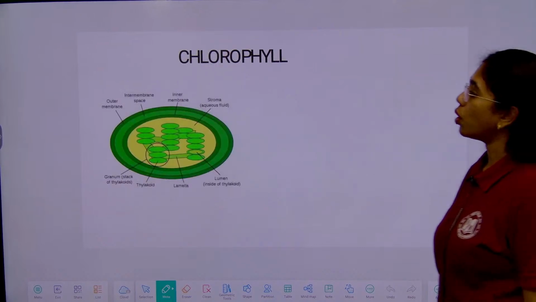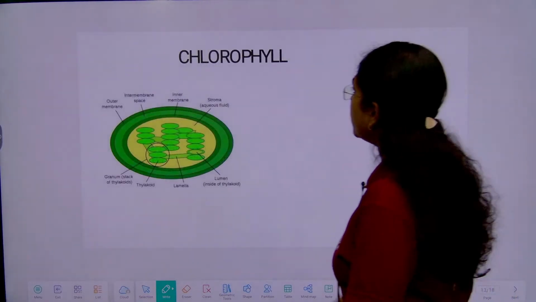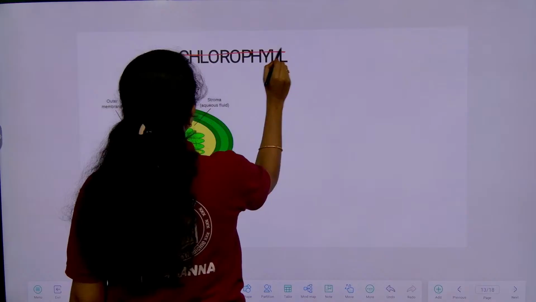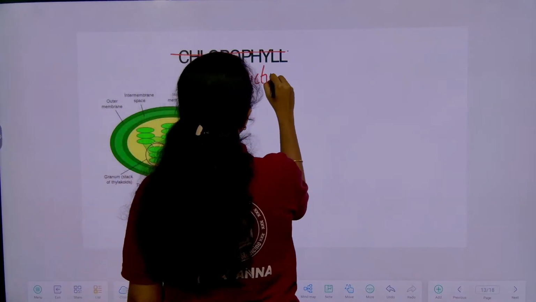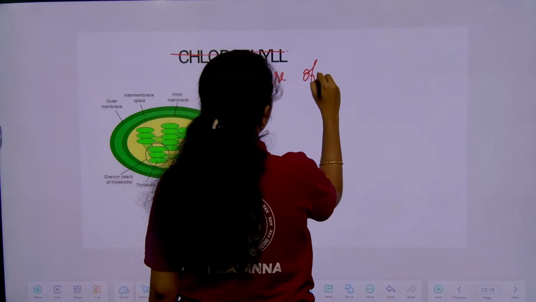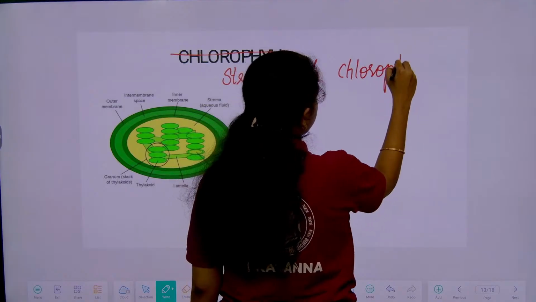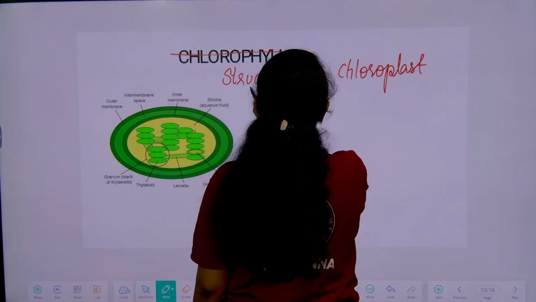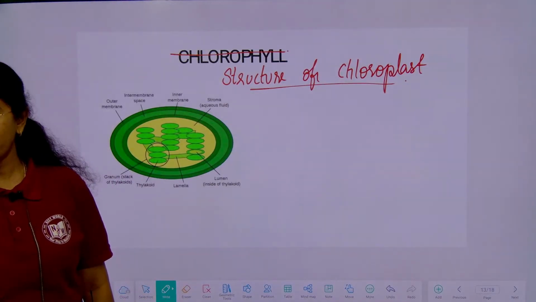Next, chlorophyll or the structure of chloroplast we will learn. Structure of chloroplast. Okay, chloroplast is a double membrane bound organelle.